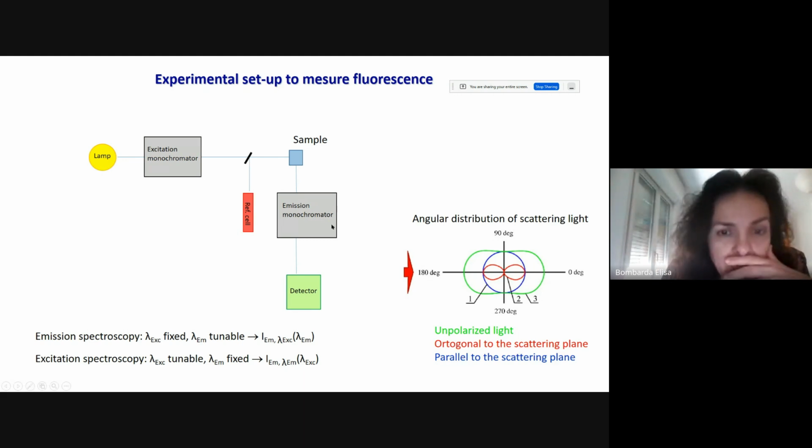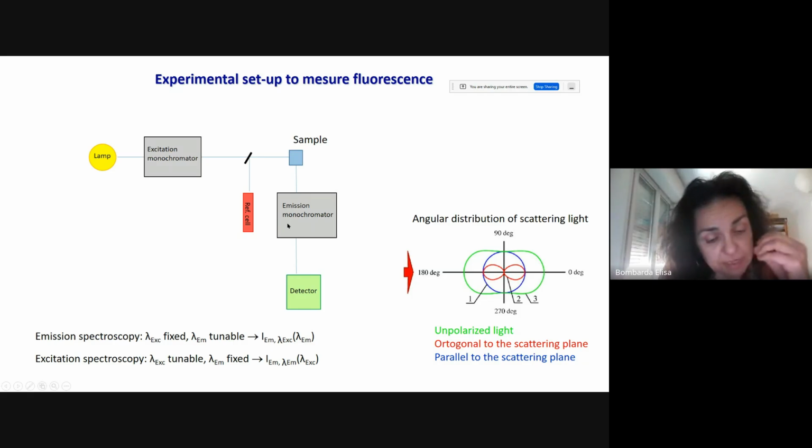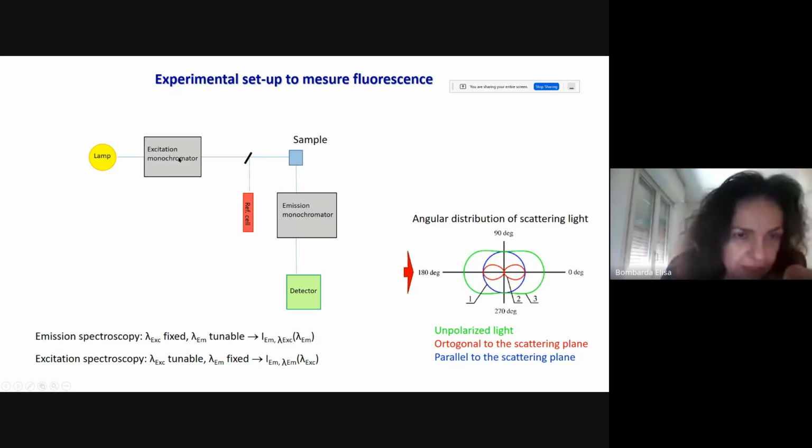So in principle, there are also corrections in a good spectrofluorimeter for the efficiency of the emission monochromator or the excitation monochromator in transmitting a given wavelength, because the monochromators have a transmittance efficiency that differs across wavelengths.